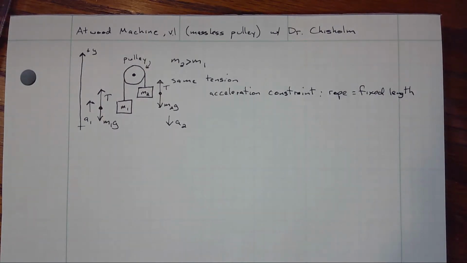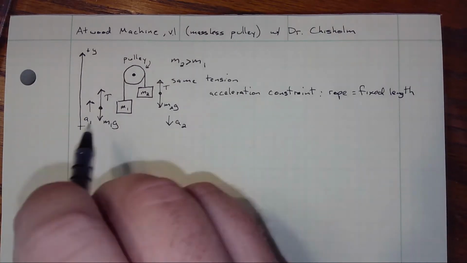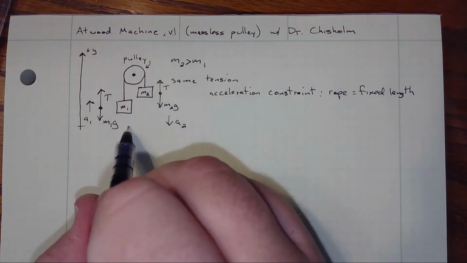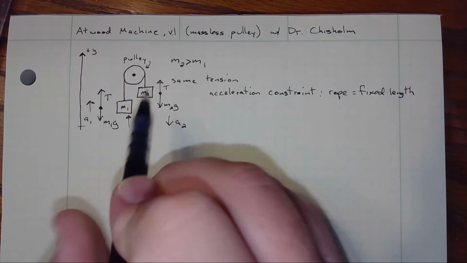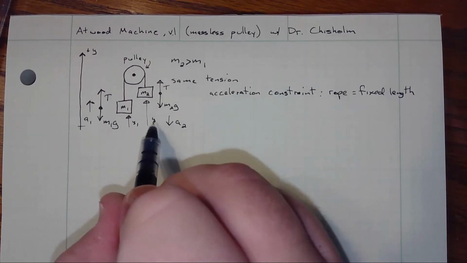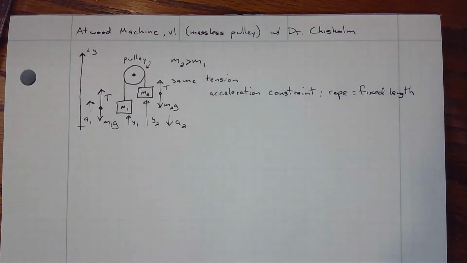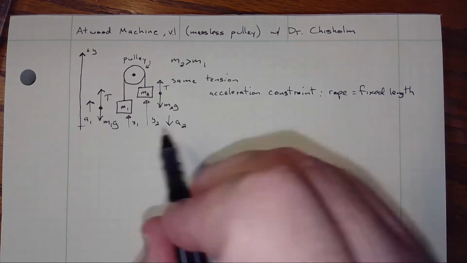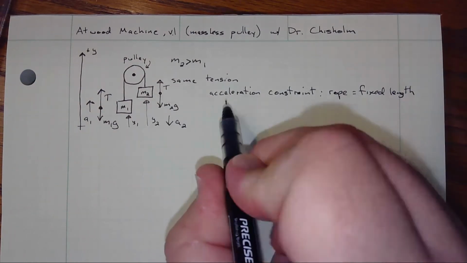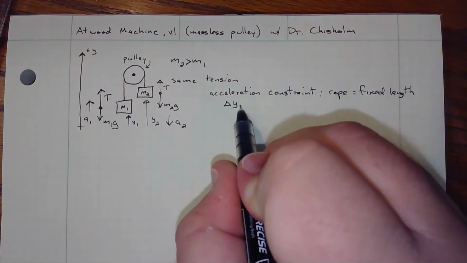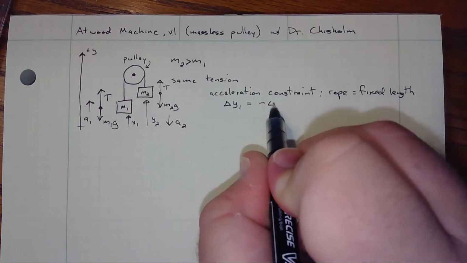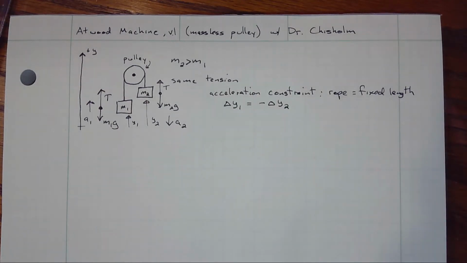So when I look at the motion, if this is located at some y1 and this is located at some y2, if M1 goes up by 1 centimeter, then y2 has to go down by 1 centimeter. Which means their displacements, delta y1, has to be the negative of delta y2. The negative just means they're acting in different directions, but they have the same magnitude of displacement.